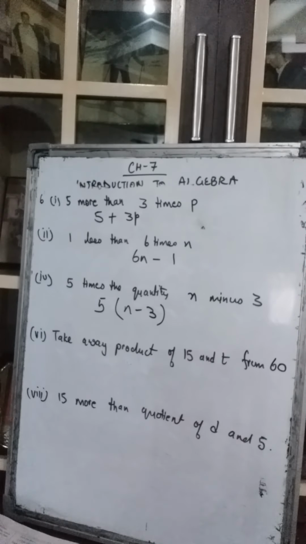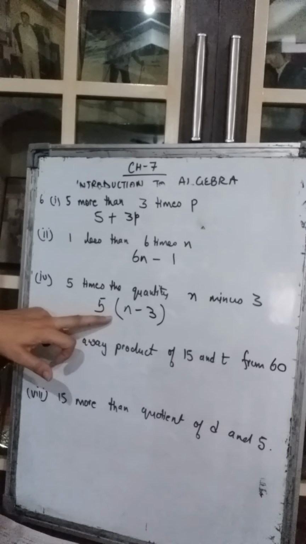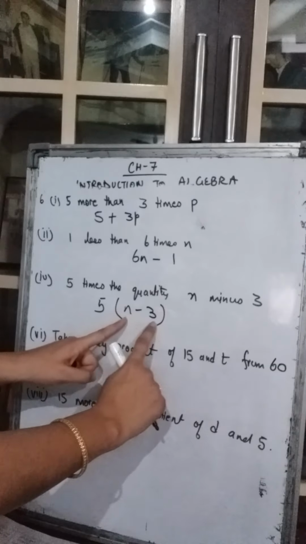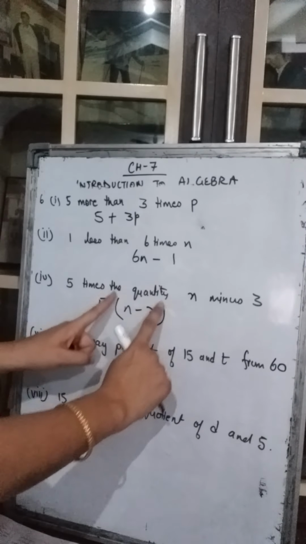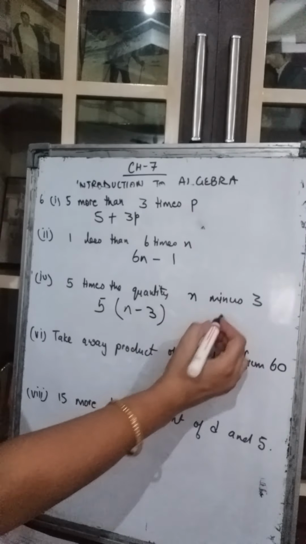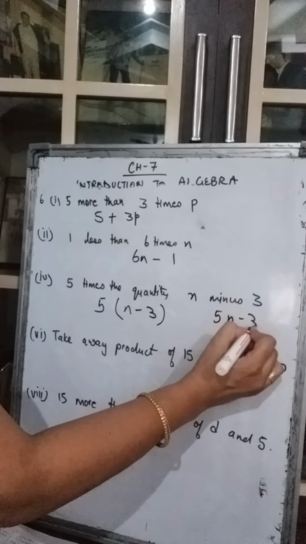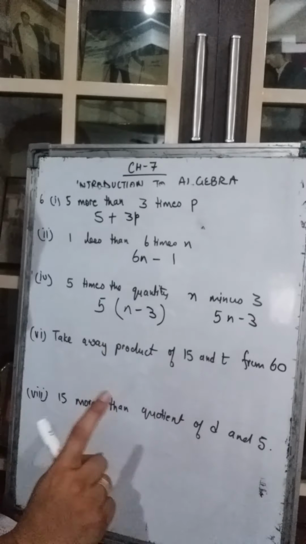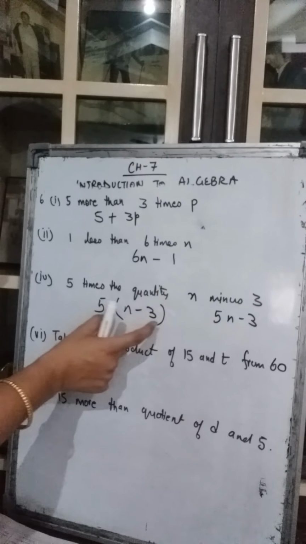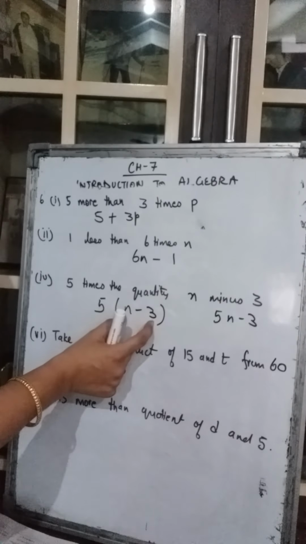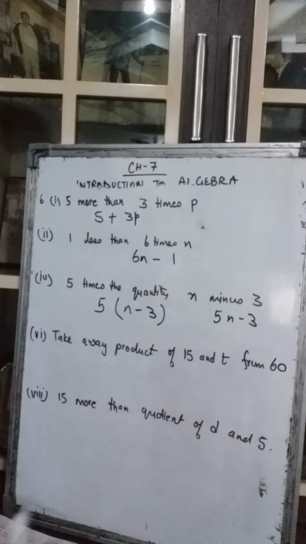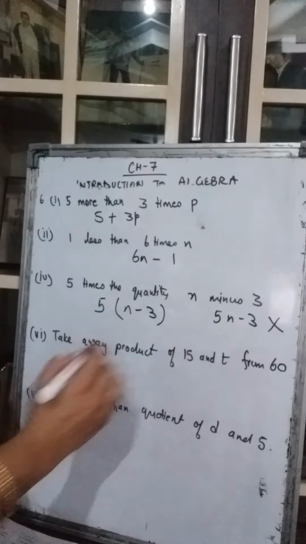This is a new thing that you are learning here. 5 times means multiplication only. But 5 is getting multiplied by this whole quantity, n minus 3. So n minus 3, let's put it in the bracket. Because if you write it like 5n minus 3, it will mean that 5 is getting multiplied by n only. No. 5 is getting multiplied by this n minus 3 whole. So that's why we have put this in bracket and 5 outside it. Is that clear? This is wrong. This is correct.